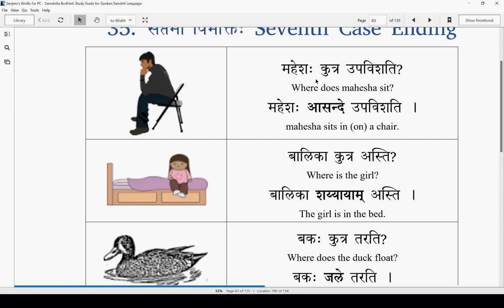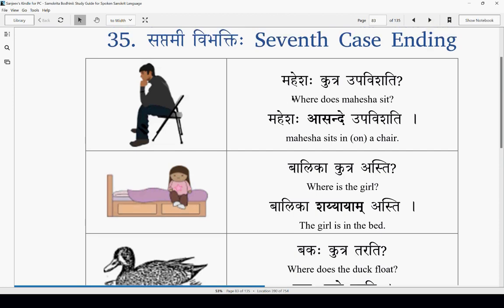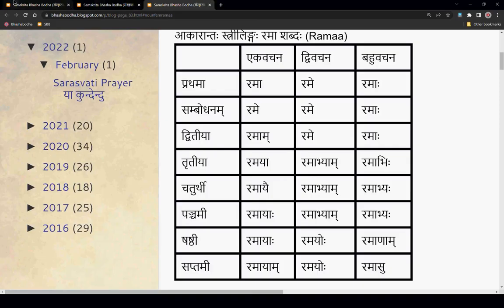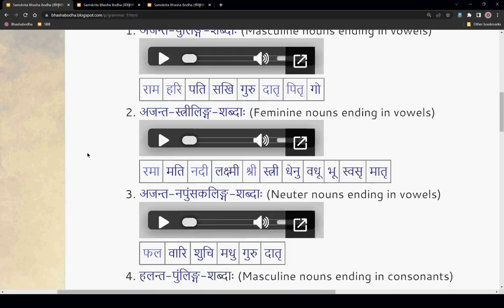Then in Shashti we have kasya. Kasya pustakam asti. So now here in the Saptami we have kutra. Actually, kutra is avyayam. It is not a form of kaha, kam, kena, kasmai, kasya, like that. So we have the vibhakti table of kaha also.